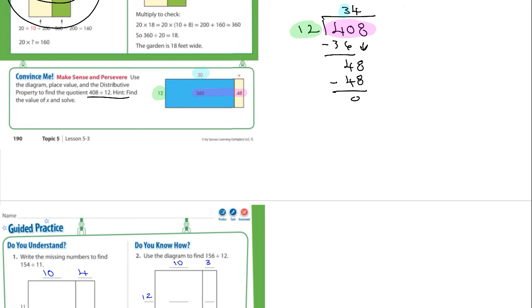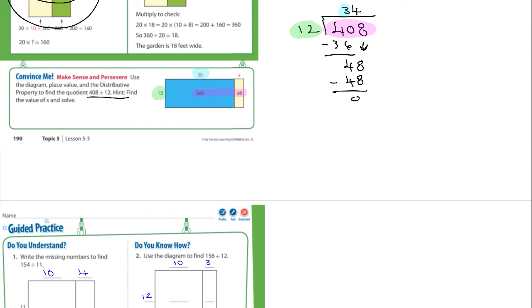What is the one number that I've not accounted for? I've accounted for the 12, and I've accounted for the 408, which is the 360 and the 48 added together.